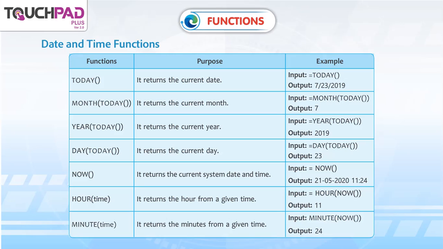HOUR(time). It returns the hour for a given time. Input: =HOUR(NOW()). Output: 11. MINUTE(time). It returns the minutes for a given time. Input: =MINUTE(NOW()). Output: 24.